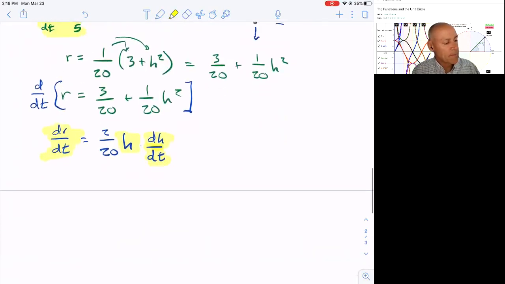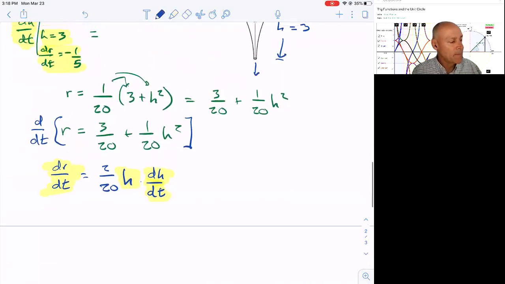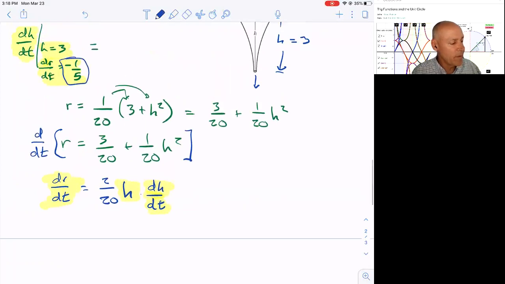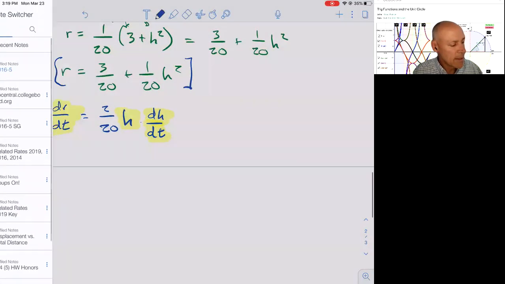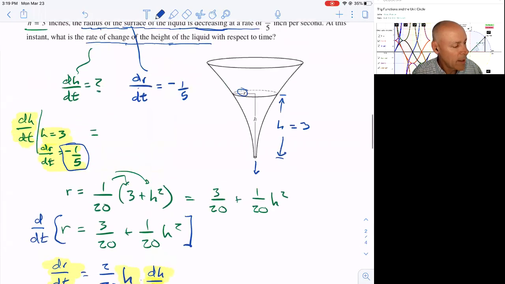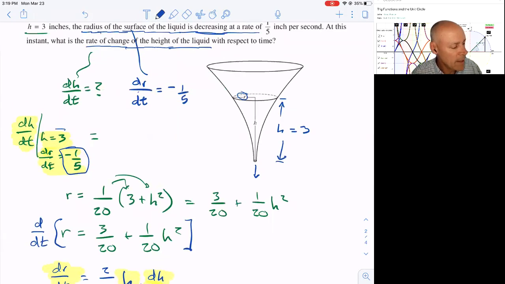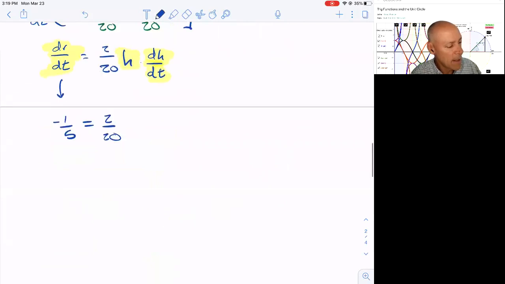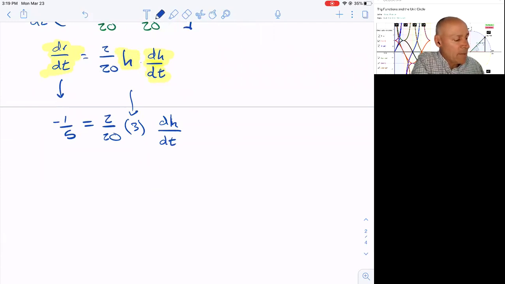So what I'm going to do is substitute in dr/dt, which is negative 1/5, equals 2/20, h is equal to 3, and then dh/dt is what I'm looking for. So I'm going to solve for dh/dt.